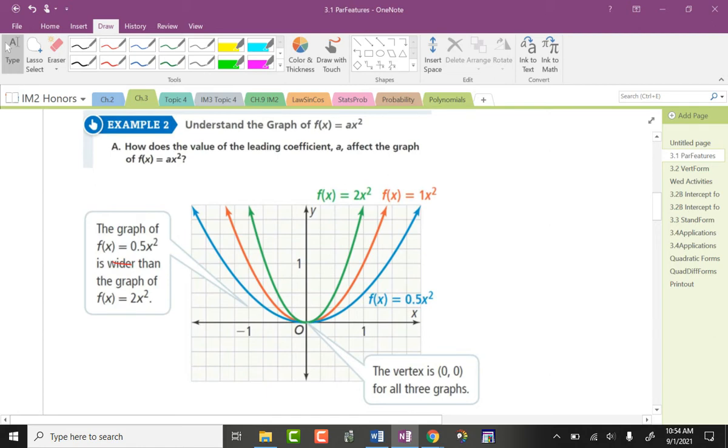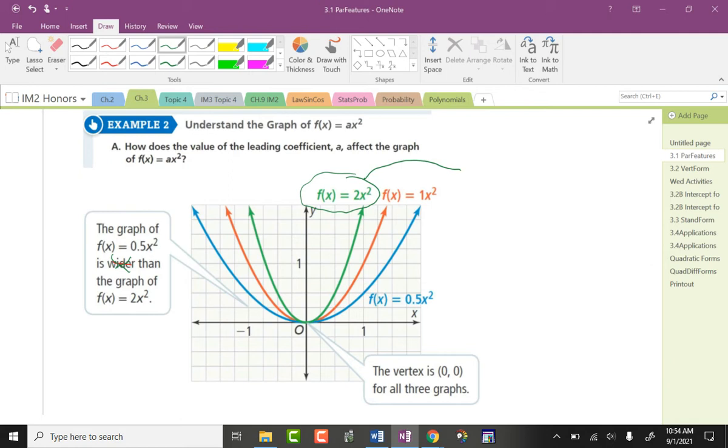But then we're going to break down some other effects to a graph. Like, for instance, it's very easy to cover this input-output. And I don't like what the graph says for wider. We should never use that terminology because that's not true for all functions. But notice the difference between the green, the red, which is called the parent function, the very first one that we graphed, y equals x squared, and the blue.